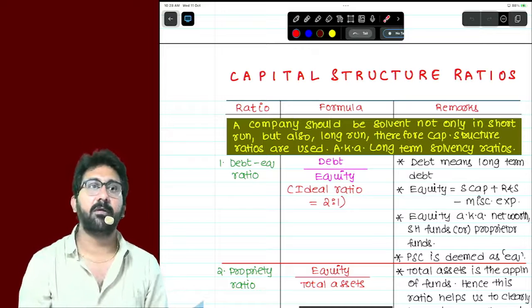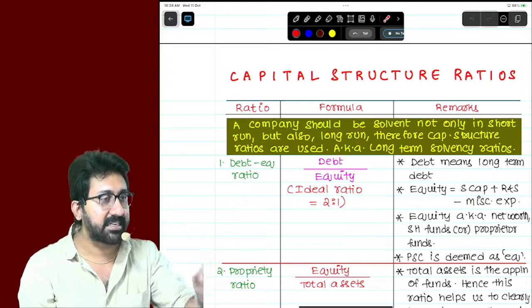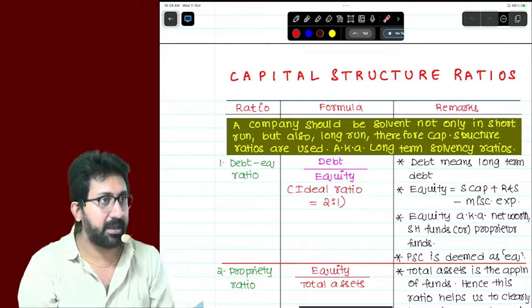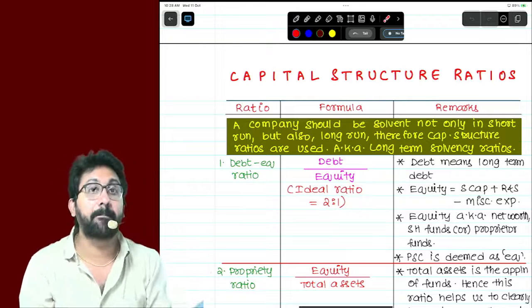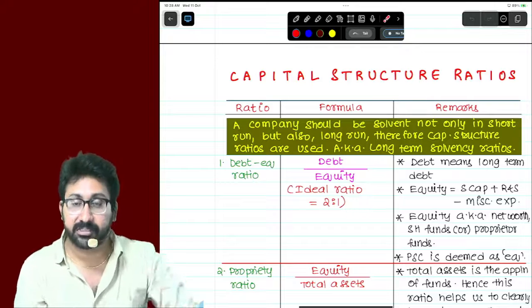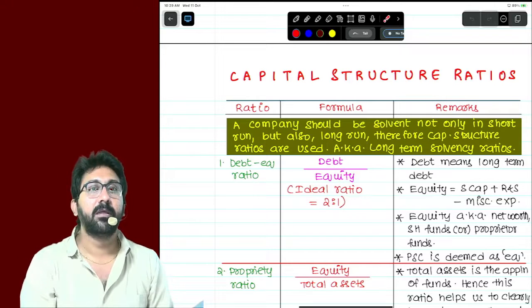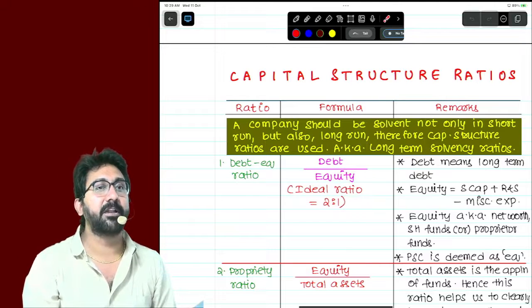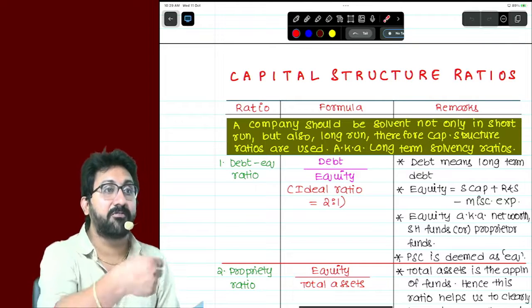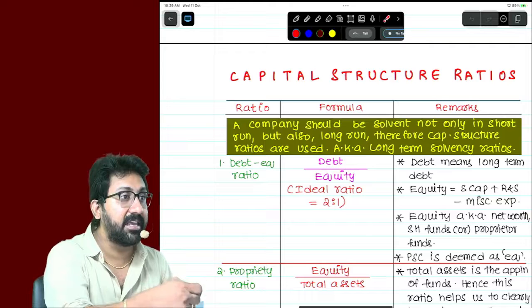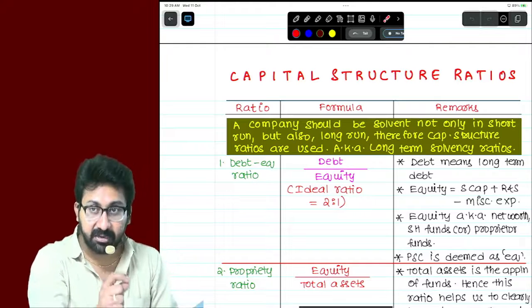How much of the assets are purchased in the company out of the funds given by equity is called the proprietary ratio. Everyone loudly tell, what do you mean by proprietary ratio? How much of the assets are purchased out of funds given by equity. When I say equity, who are included?